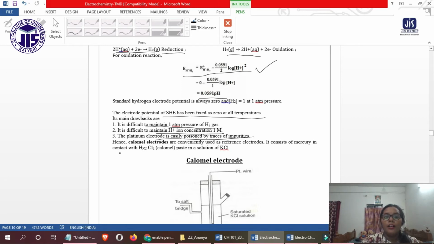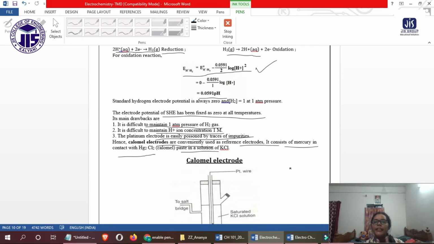Hence, calomel electrodes are conveniently used as the reference electrode. It consists of mercury in contact with mercurous chloride placed in a solution of KCl. Because of the drawbacks of the standard hydrogen electrode, as a reference electrode we can use the calomel electrode, and that is vastly used.